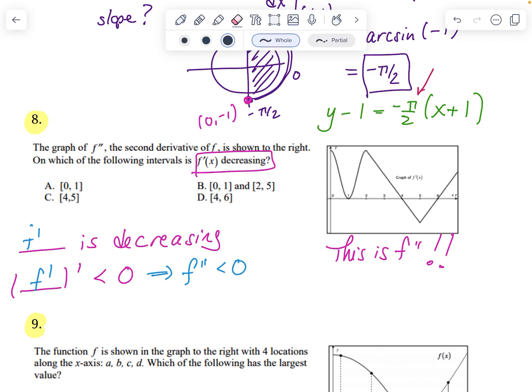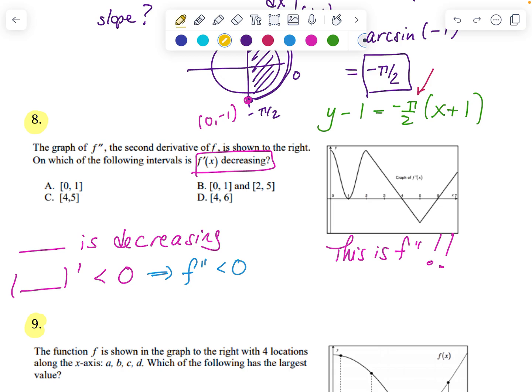I could have put anything in these blanks, right? If I wanted to know when m of t is decreasing, I would need to know when m of t prime is negative, right? It doesn't matter what the label is in these pink words. For anything that would be true. If something is decreasing, its derivative is negative, okay? So this question boils down to, where is f double prime negative?